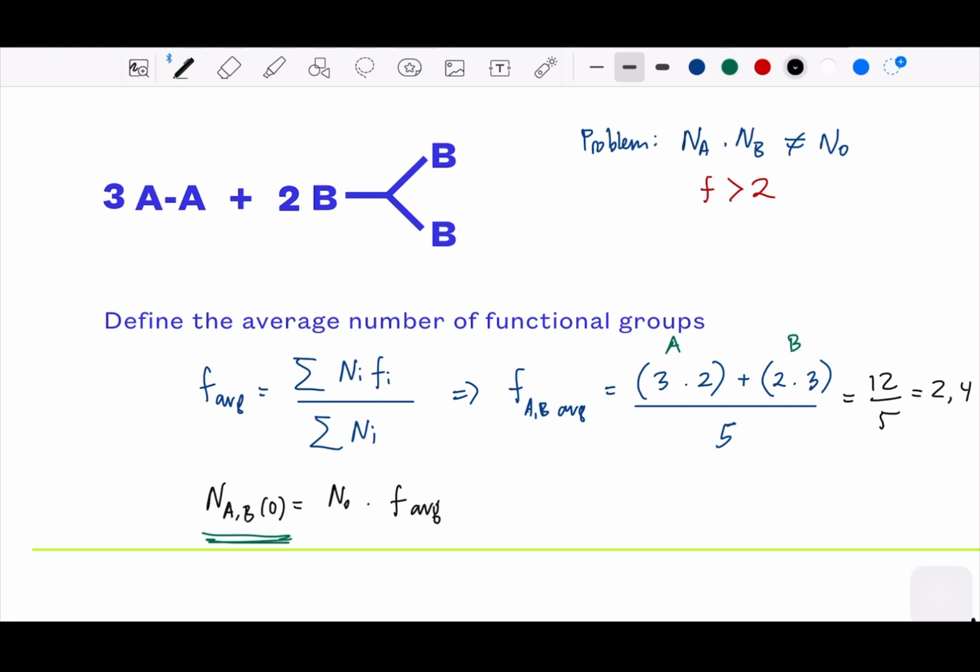And then the other is the N_R, that's the same as before. This is the process of how much the molecules are polymerized.